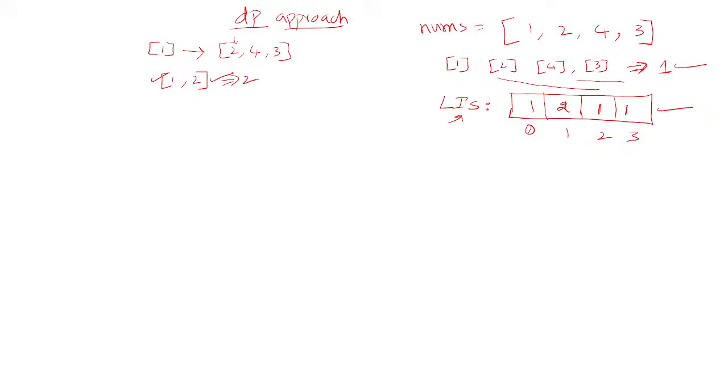This 2 indicates that the elements up to index 1, that is index 0 and index 1, are forming a subsequence whose length is equal to 2. That is the meaning of this one.